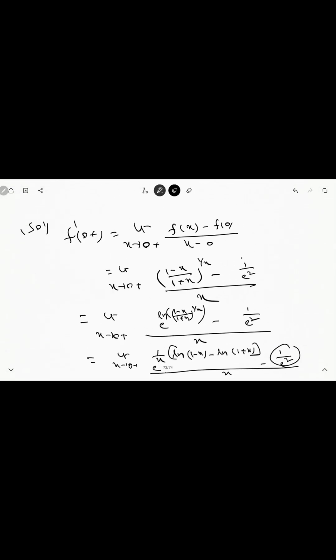So f dash 0 plus is equal to limit x tends to 0 plus of (e power (minus 2 minus 2 by 3 x square minus 2 by 5 x power 4 minus so on) minus e power minus 2) whole by x. This 1 by e square is nothing but e power minus 2.